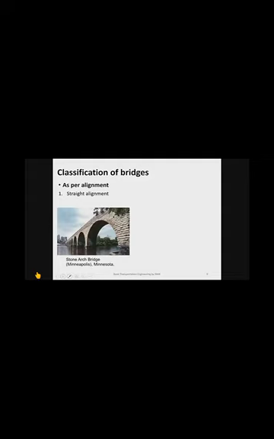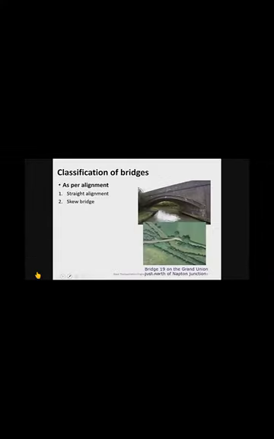Now, as per the alignment, it is a stone arch bridge, of stone type, and the shape is an arch, so it is a stone arch bridge. Skew bridge: the alignment is in the form of a skew, so it is called a skew bridge.